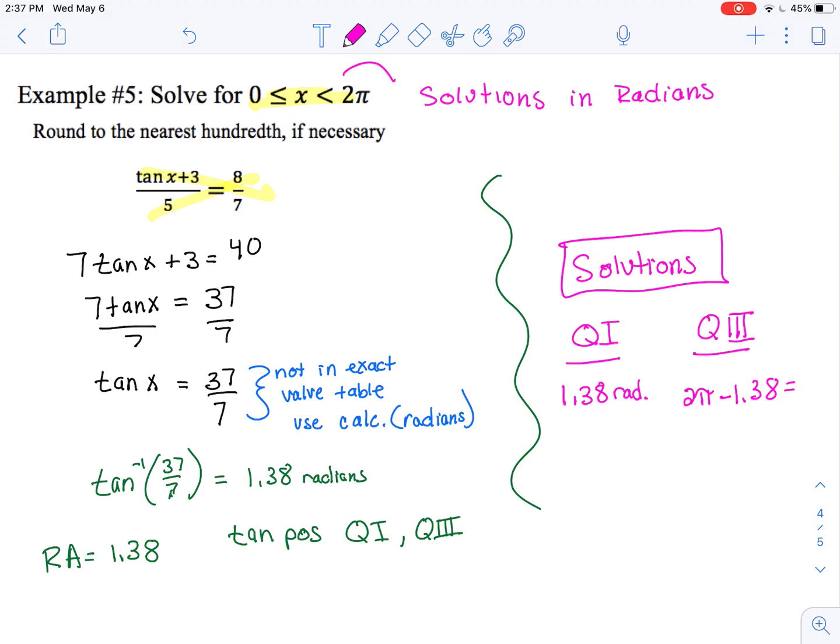So I go ahead and just do that on my calculator. 2 times pi minus 1.38 gets me 4.9. So 4.9 radians. So those are my two solutions.